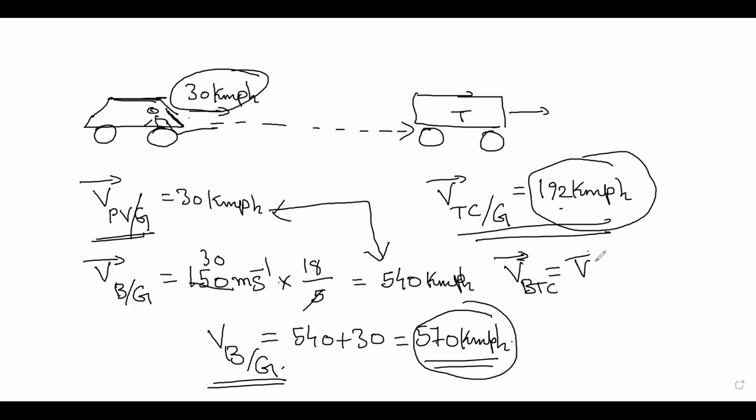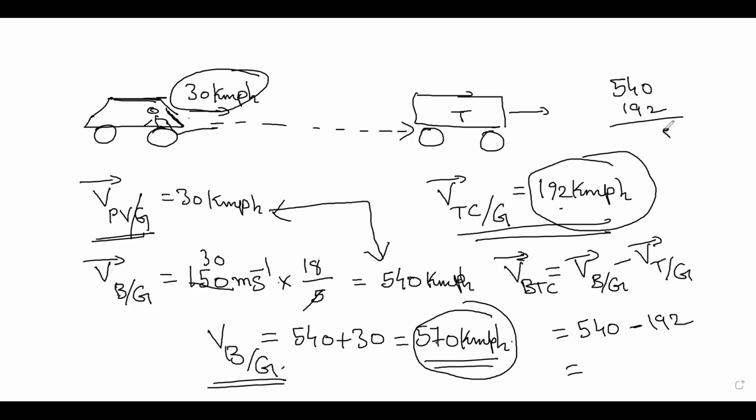So the velocity of the bullet with respect to ground minus the velocity of the thief's car with respect to ground. This is what we have to solve. Velocity of the bullet is 570 kmph minus the thief's car, 192. Whatever you get, that's the answer. So 570 minus 192, which works out to be how much? 192.